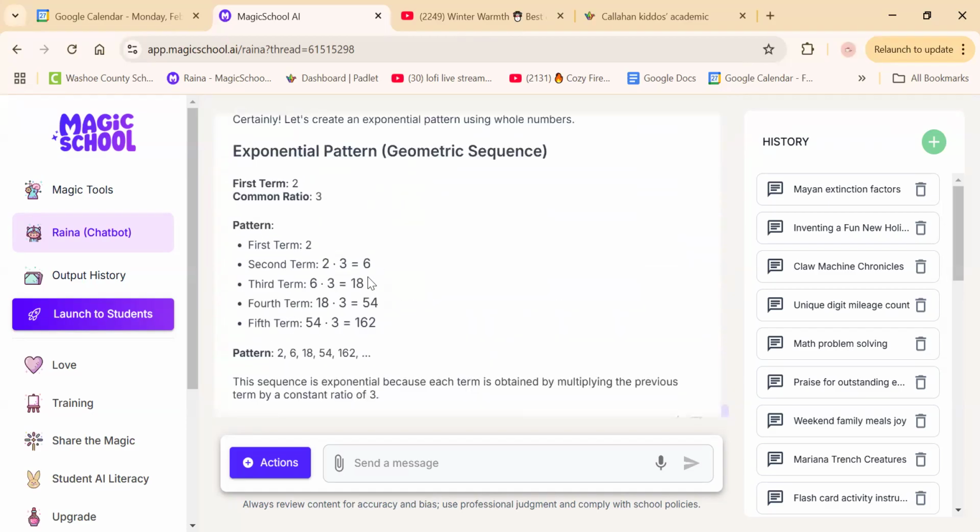So I don't like that, and the reason is because it's in fractions. But we could use this one here.